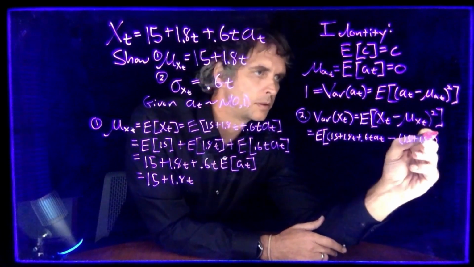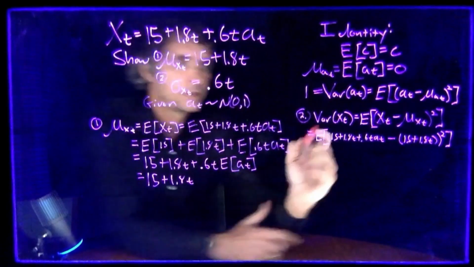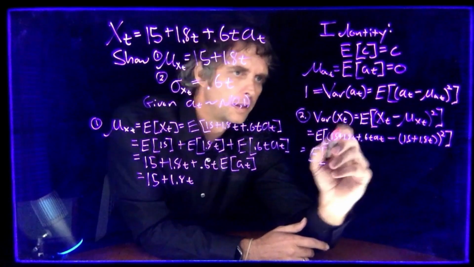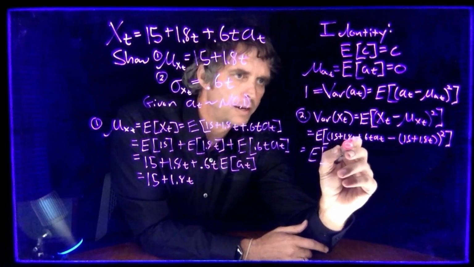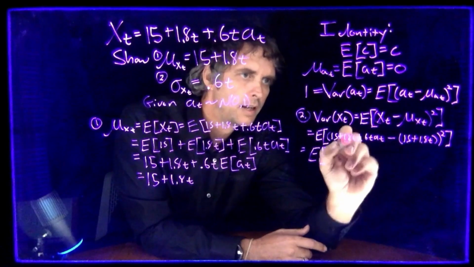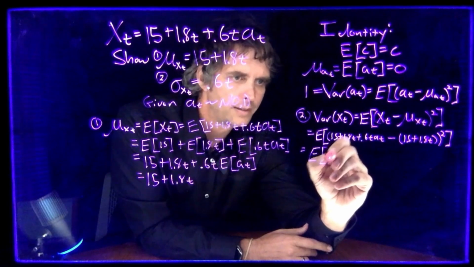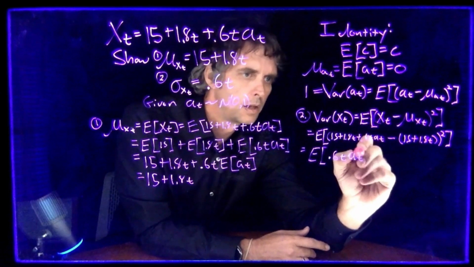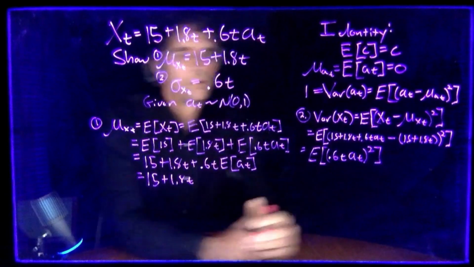And of course we want to square that. So luckily some things simplify here. That'll be 15 minus 15, so that's gone. That's 1.8 t minus 1.8 t, distributing the negative sign, so that's gone. And we'll just be left with the expected value of 0.6 t at squared, of course, squared. And that's what we have so far.